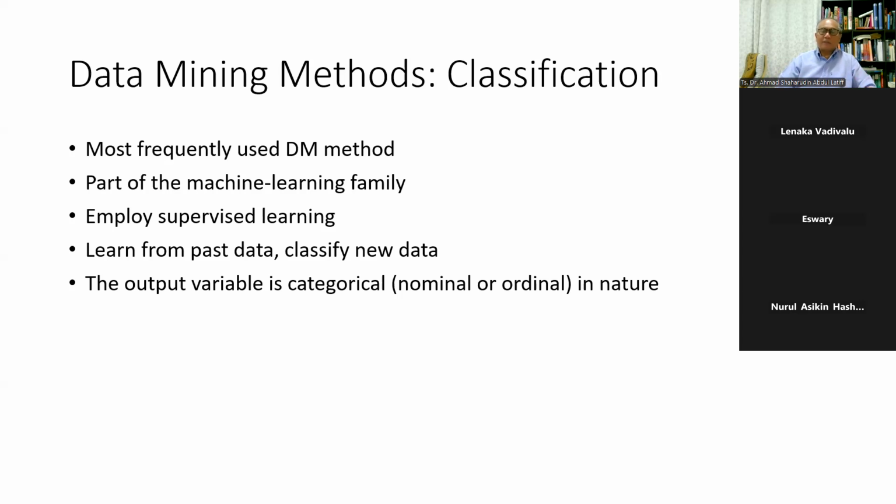It is part of the machine learning family, employing supervised learning, where we have predetermined attributes and learn from past data to classify new data. The output is categorical, which is either nominal or ordinal. Remember, we talked about numerical data and categorical data, and categorical data can be nominal or ordinal data. So classification is meant to categorize data.